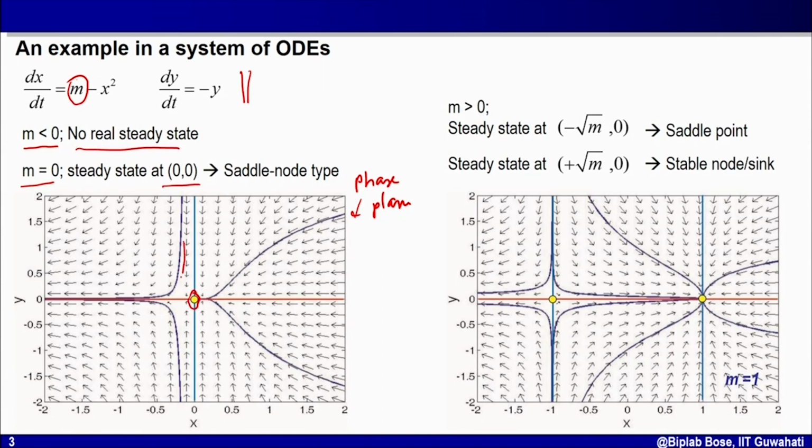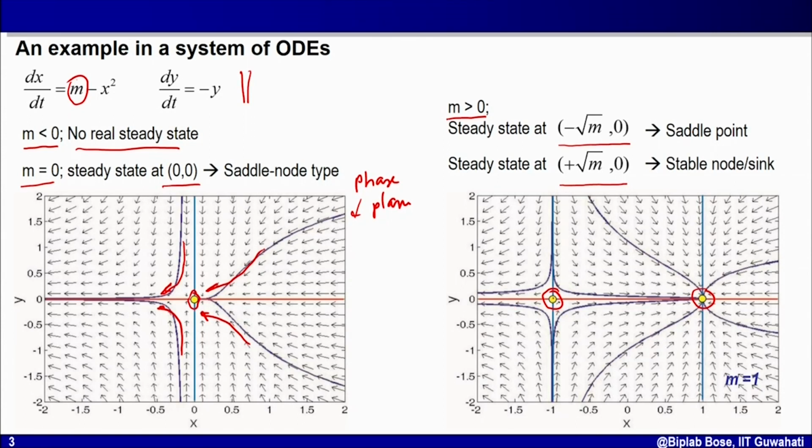On this side, trajectories are moving away, whereas from this side the trajectories are collapsing. Now if I change m and make it bigger than 0, a positive value, then I will have two steady states, (minus root m, 0) and (plus root m, 0). In the phase plane you can see these two possible steady states when m is greater than 0.